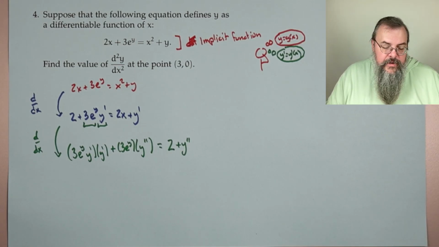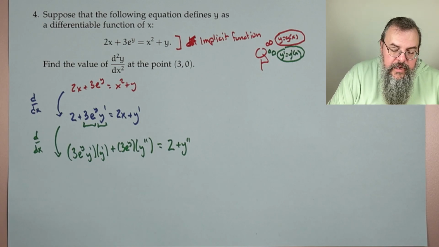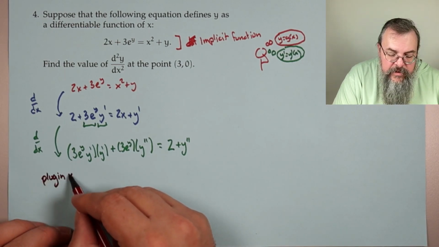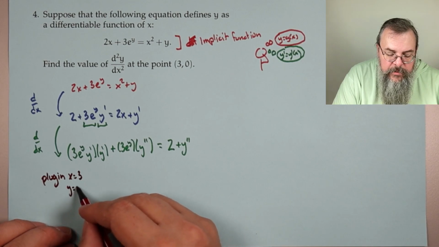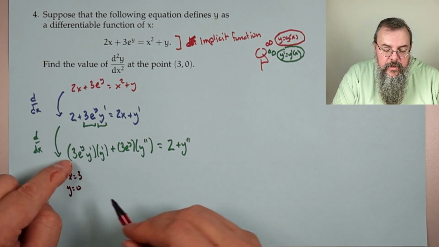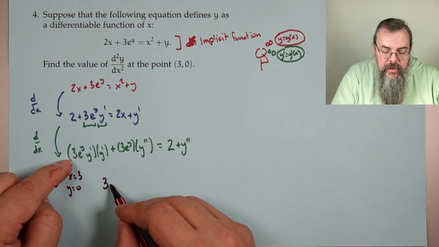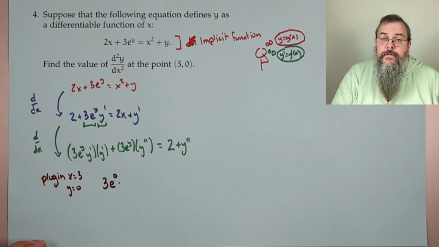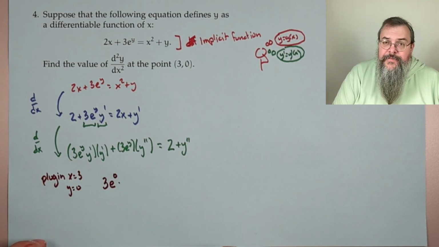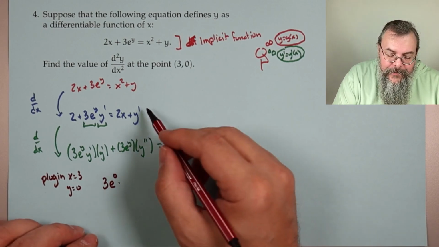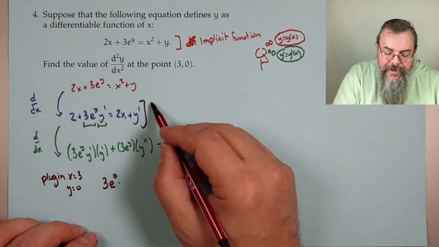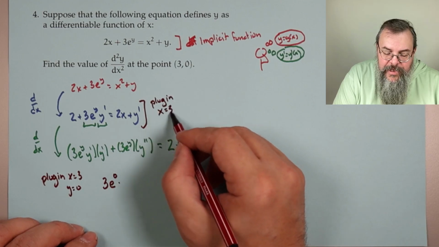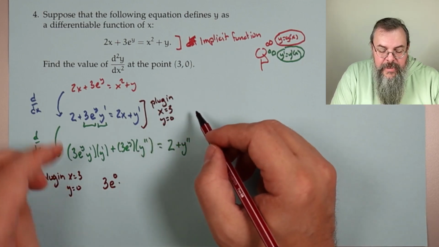All right, so here we go. We're going to plug in x equals 3, y equals 0. And we start. We have 3e to the 0 times y prime. Wait, what? What's y prime? Oh, well, actually for that, let's come back up here. We'll plug in x equals 3, y equals 0. And what do we see?